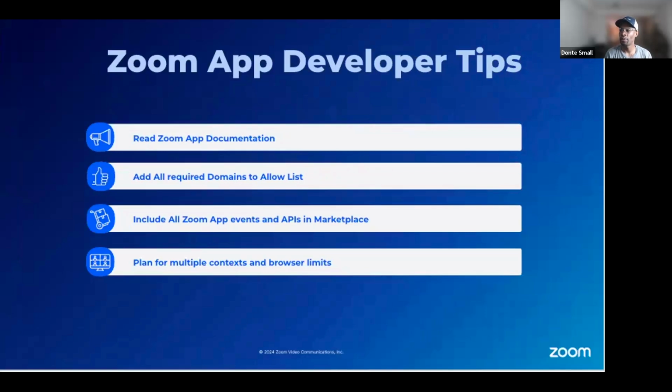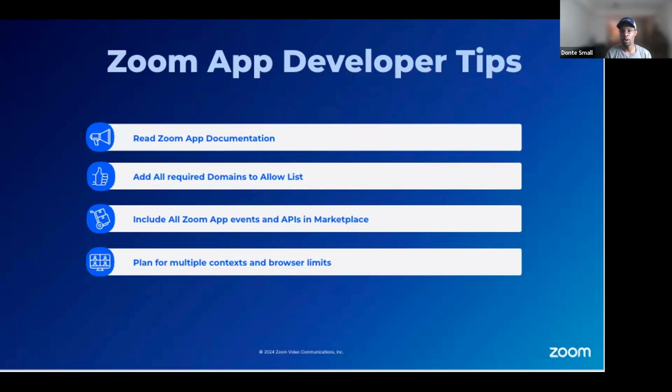Here are some Zoom developer tips. Definitely make sure you read the documentation. Also, make sure you have all your required domains that you will be using. This includes domains that may be on CDNs. Make sure you have included those in your marketplace domain allow list.